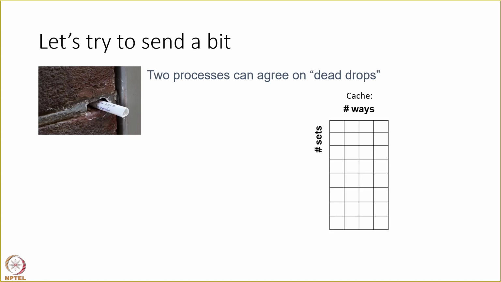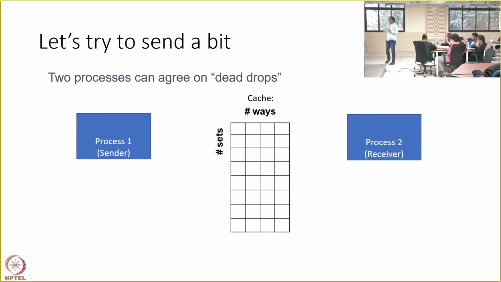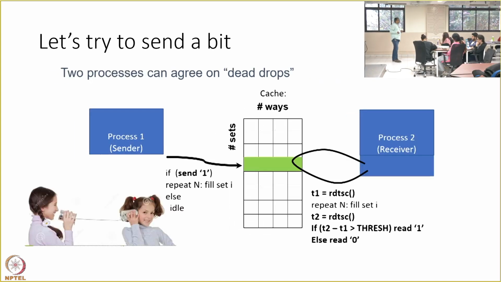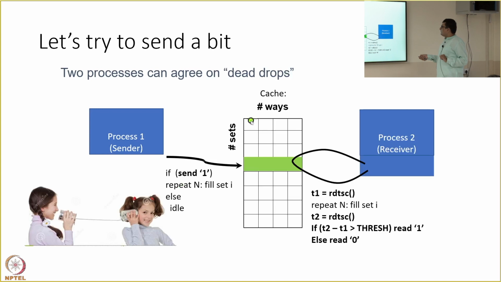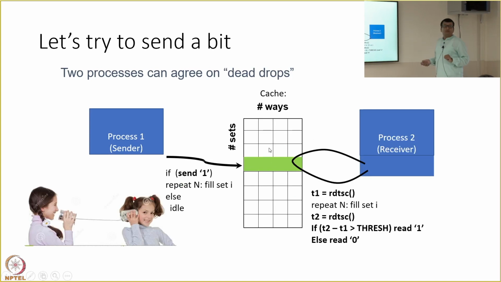Now two applications want to communicate by a covert channel, and the covert channel will be the cache. So let's say these are the two processes, process 1 and process 2, and what they are doing is pretty simple. They are accessing a particular set in a cache.